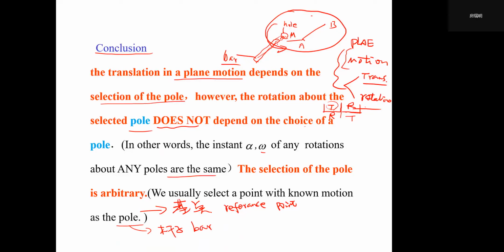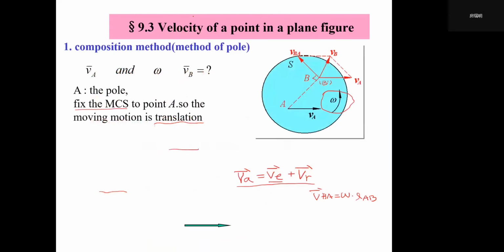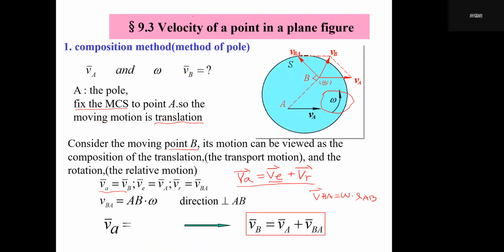This is very important because we will use this principle to derive some important conclusions, and then use them to tackle problems. So please keep listening to me. The first one we'll talk about is the velocity of a point in a plane figure.